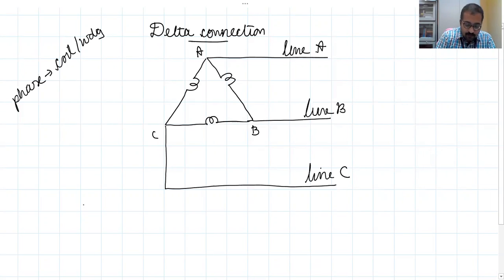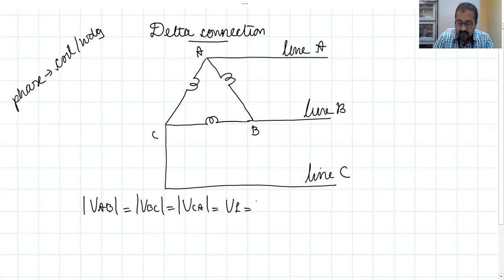So |VAB| equals |VBC| equals |VCA|, that is nothing but V line, and it is the same as VPH. In a delta connection, the line voltage magnitude is the same as the phase voltage magnitude.